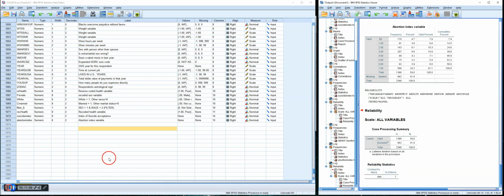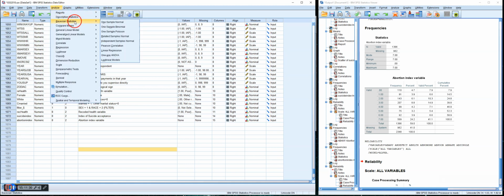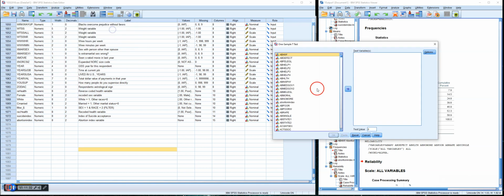As you could see, this is a continuous, metric variable. You can use it as the dependent variable of the independent sample t-test if you have two groups. So for example, compare means, independent sample t-test, sex variable.